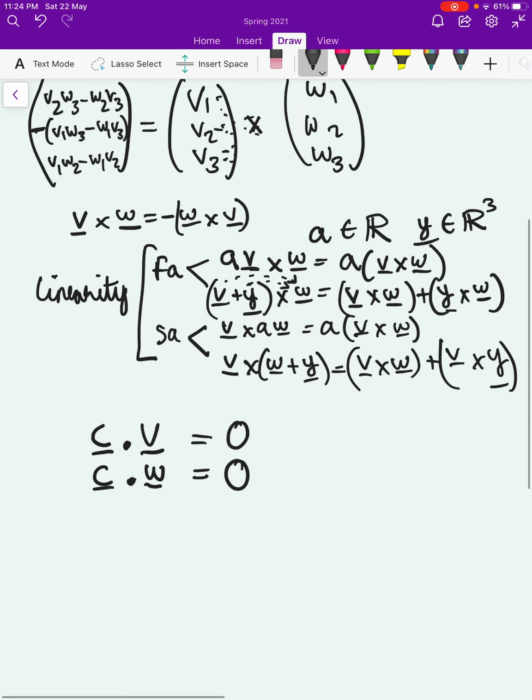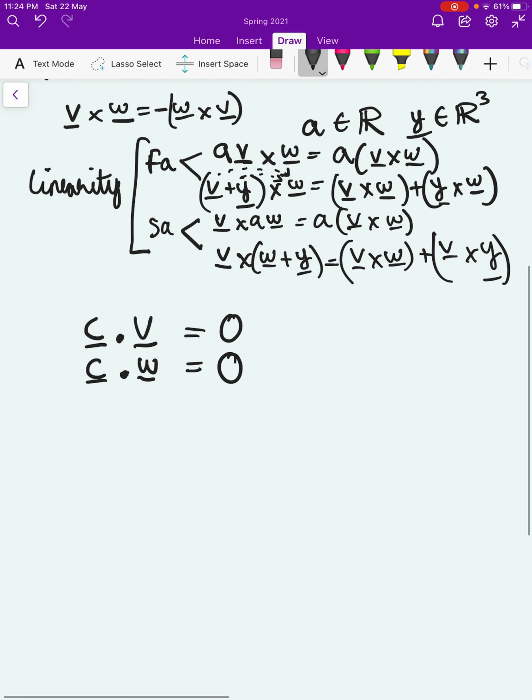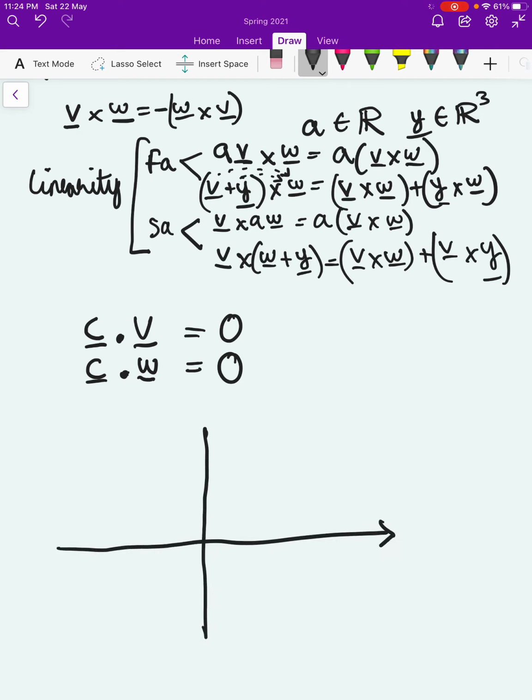Other properties include a formula. So it's pretty interesting. Using a parallelogram, we can describe the magnitude of the cross product and create an equation to do so. So let's just establish v as a vector over here. It can go anywhere. It's just making an analogy. And let's say w is this vector. Ignore the bad line drawing.